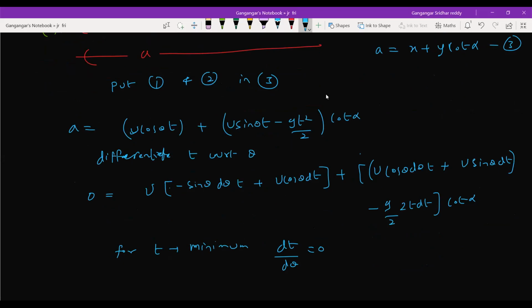So anybody, the value of theta? I put it in the chat, sir. Can you check it once? Okay, yeah. u cos theta tan alpha, it will be u tan theta, so the u should not be there.